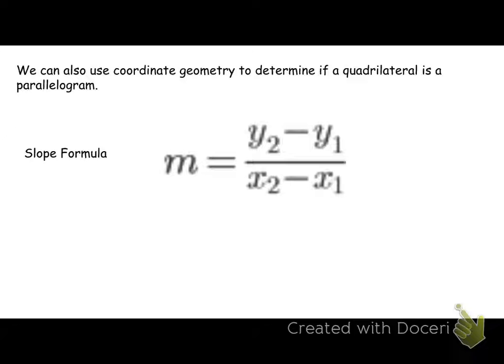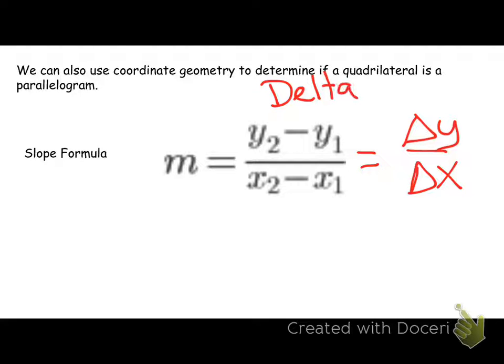You guys ever seen it written this way? Does anyone know what letter that is in front of the y and x? It is a triangle. Is it a letter or a number? It's delta. It's a Greek letter.